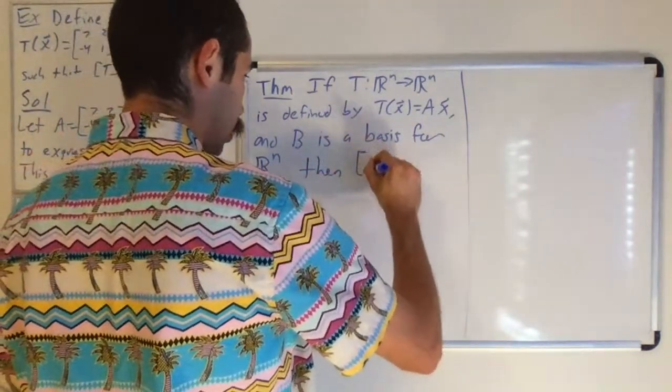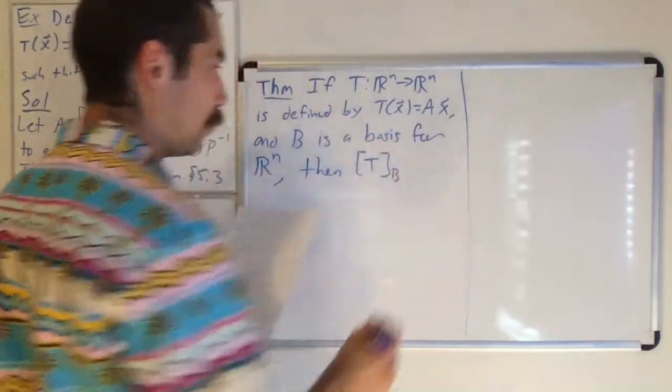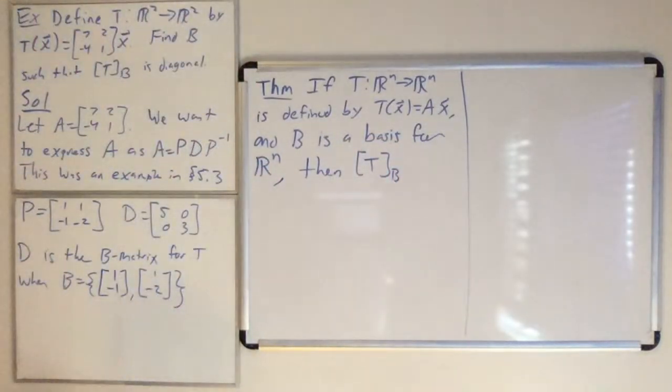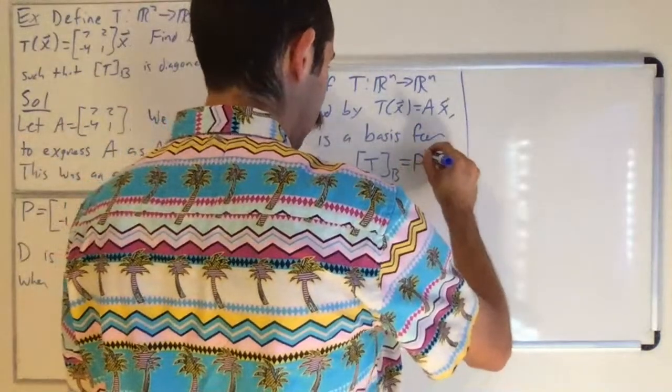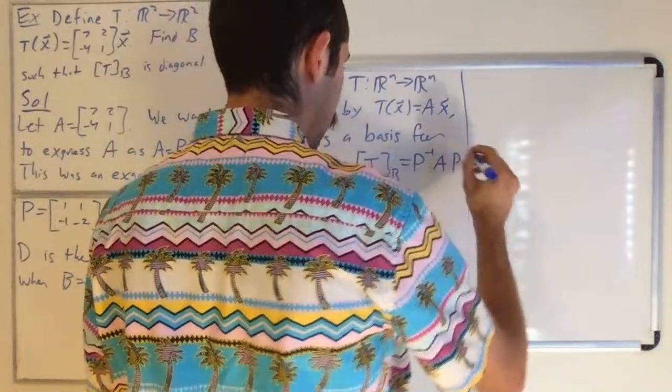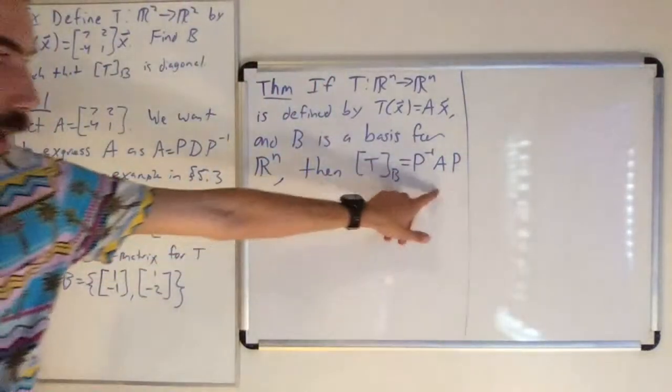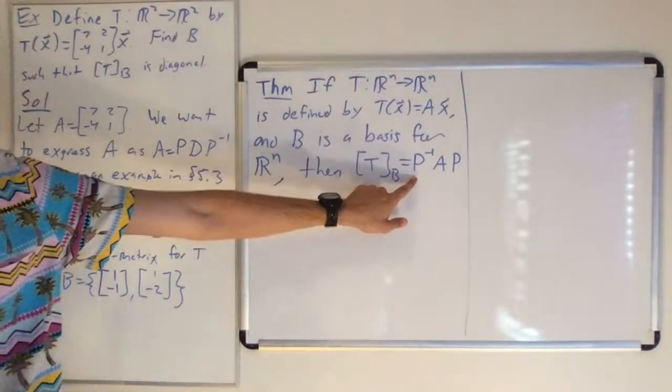then the B matrix for T is equal to P inverse A P. Okay, so A comes from here, and I'll tell you where P comes from in a second.